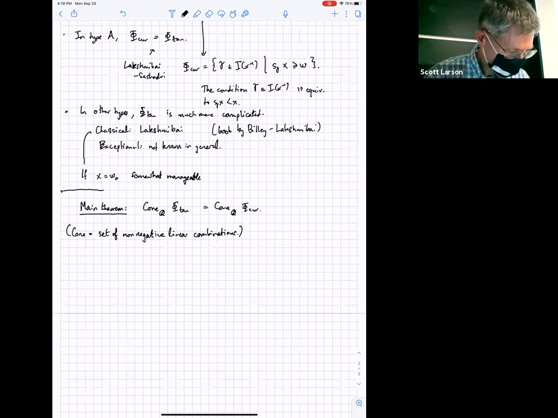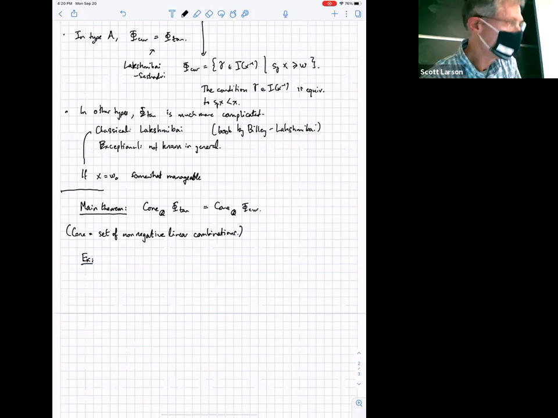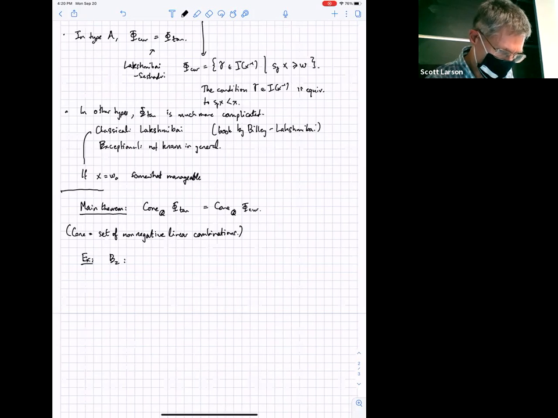So maybe I'll do a small example here to illustrate this. For example, let's look at B2 and C2. In B2, and in C2, there are 4 positive roots.